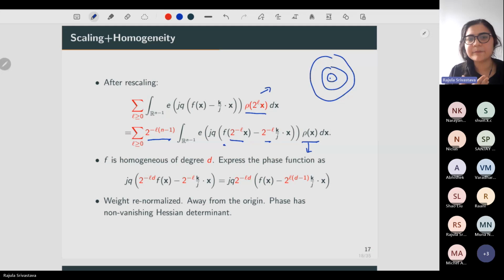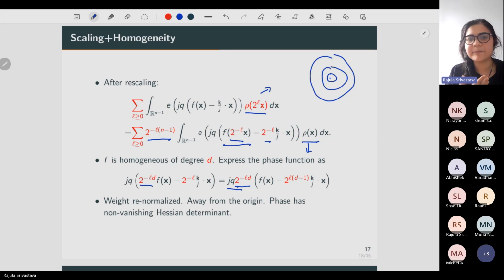Now here I can use my homogeneity assumption on the function. Remember, my assumption is that f is homogeneous of degree d. So this 2 to the power negative LD comes out. And then if I again push around symbols, the main point I want you to focus on is that this damping factor has now come in front of this parameter j times q in your phase.